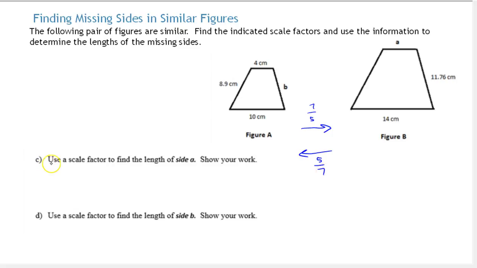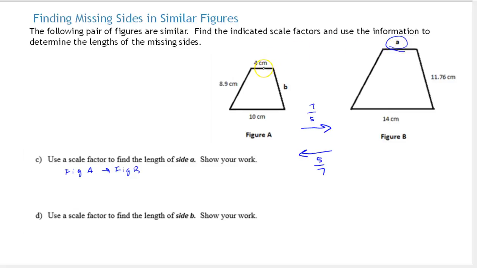So question C says, use a scale factor to find the length of side A. Show your work. So here's side A. Okay, so we need to go from figure A to figure B because figure B has the unknown side.